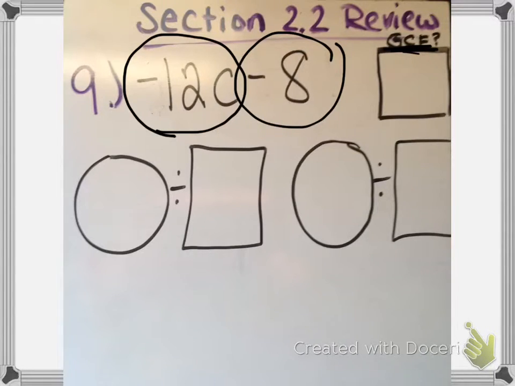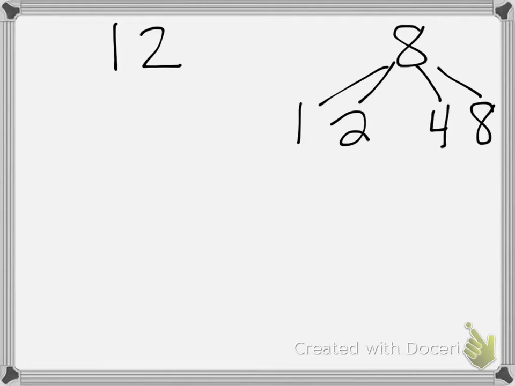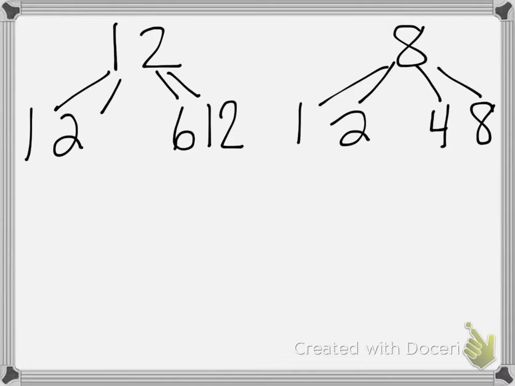Okay, remember that we need to find the greatest common factor first. Look at the smaller number, the 8 first. We know we have 1 and 8. 2 goes into 8 4 times, and 3 does not. So we only have to look at these 4 numbers. We know with 12 that 1 does go into 12. We know that 2 goes into 12.